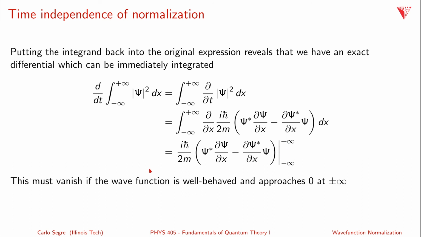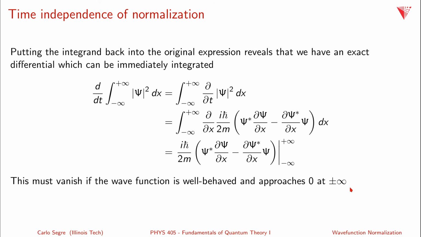Now, this must vanish if the wave function is well behaved and approaches 0 at plus or minus infinity. I haven't made a proof of this, but it's clear that if you want a physically significant wave function, it cannot go to infinity, because otherwise you cannot integrate it.